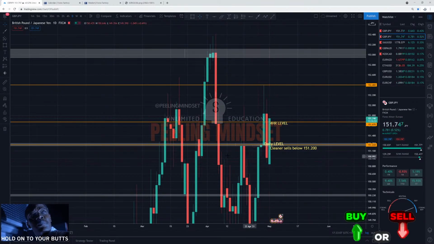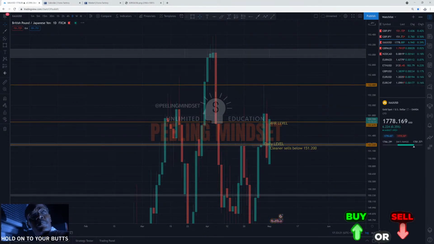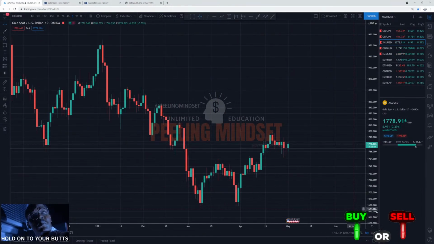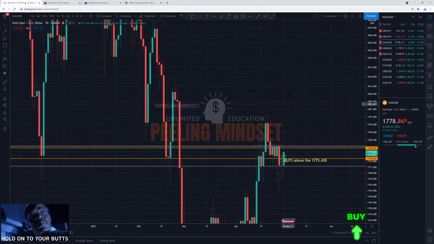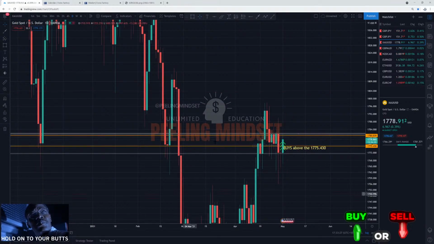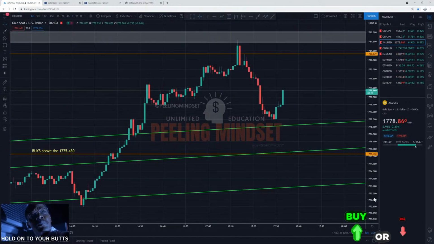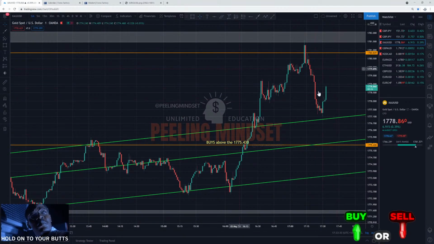For pound yen, I'm looking for an overall time frame sell. So let's see what happens. Wow, it's pushing up now.